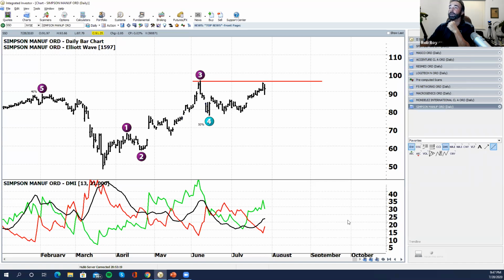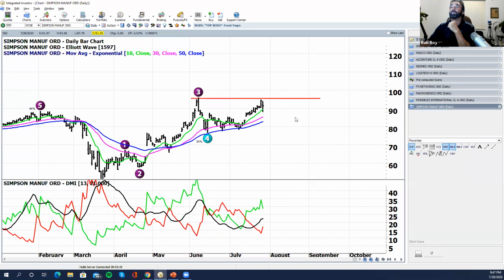The DMI is above 20, so that's okay. Separation between there doesn't look bad. Let's look at the moving averages. I'm a little worried about this doji today, right here at resistance. Now, remember, all that means is indecision.